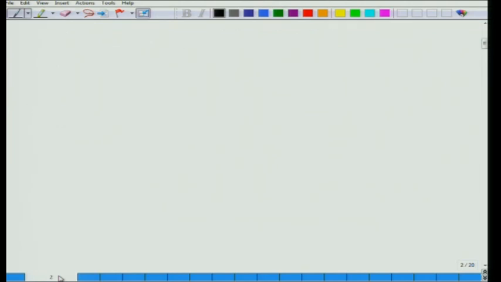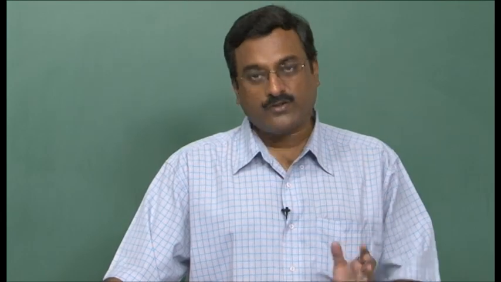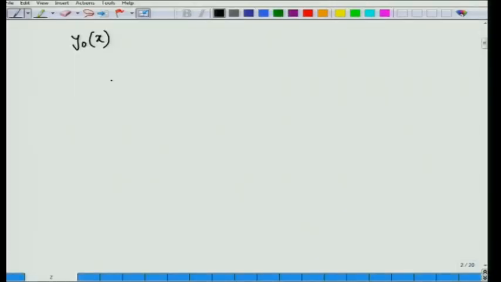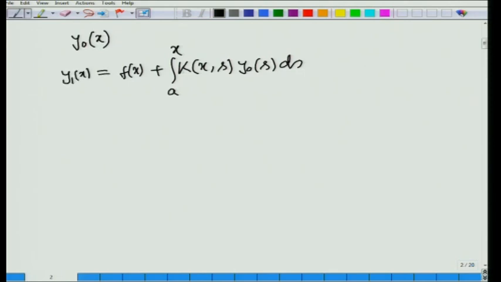It says, first of all we can take a 0th order approximation denoted by y0(x) for the given problem, and once we substitute this 0th order approximation into the right hand side of the given integral equation, that means into the format f(x) plus integral a to x k(x, s) y0(s) ds, evaluating this integral and then adding f(x), we can calculate y1(x).